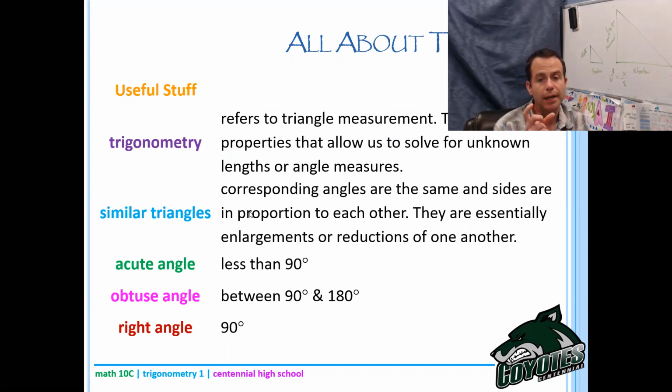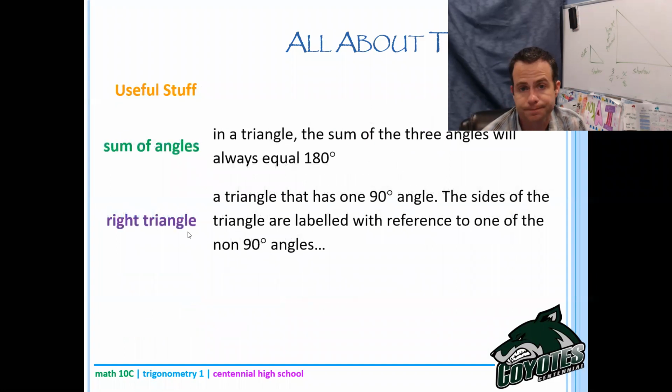An acute angle is less than 90 degrees. An obtuse angle is between 90 and 180. A right angle is 90, just while we're throwing out angle vocabulary. 180 is a straight angle because it makes a straight line. And then if I'm greater than 180 and less than 360, I'm called a reflex angle.